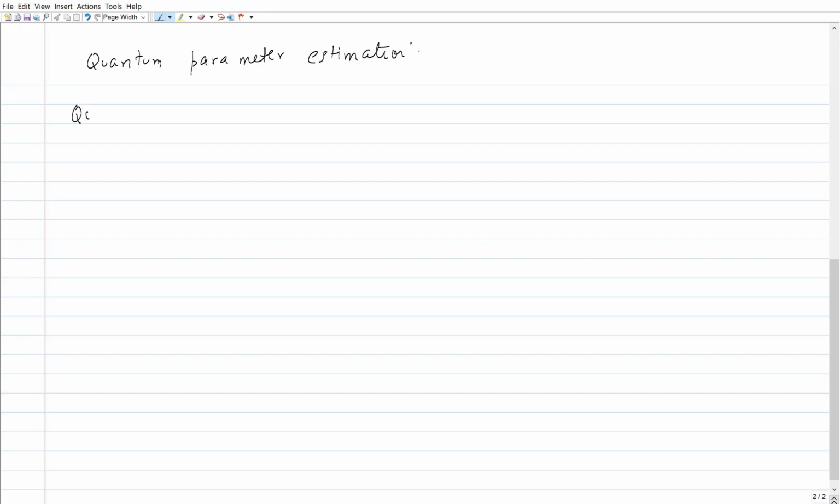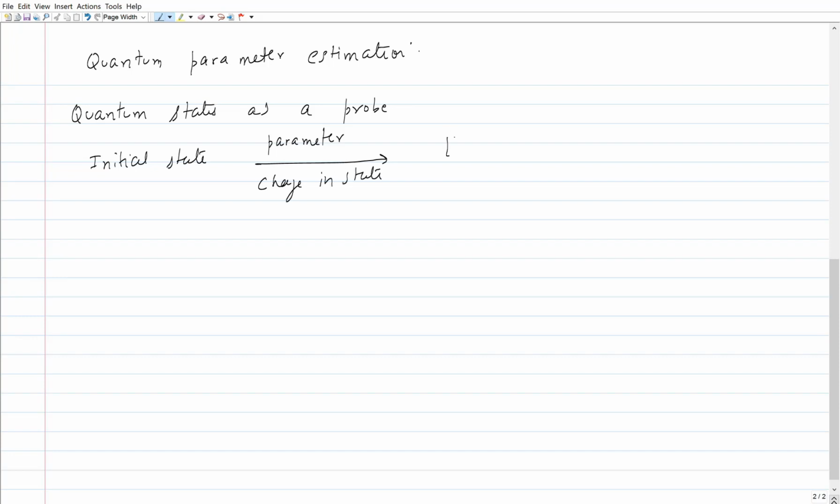We are going to use quantum states as a probe. So I have an initial state. I'll have a parameter which is going to cause the change in state. And I'll get some sort of a state after the application of the parameter. We'll come to that. Let me call it the changed state.